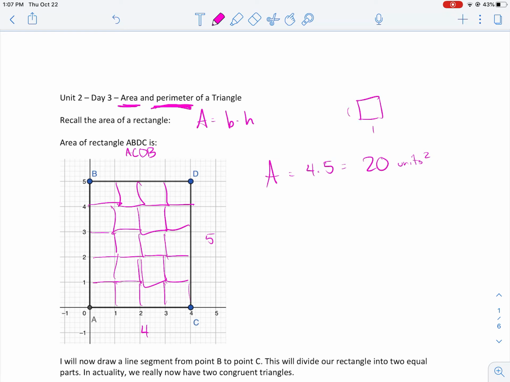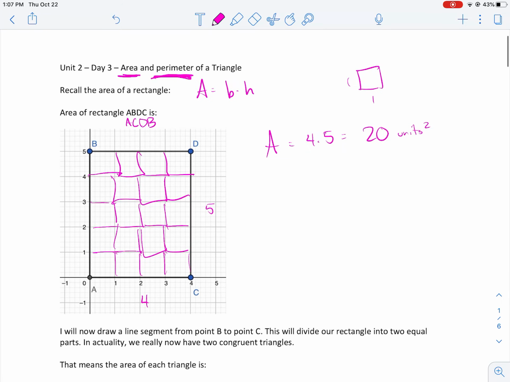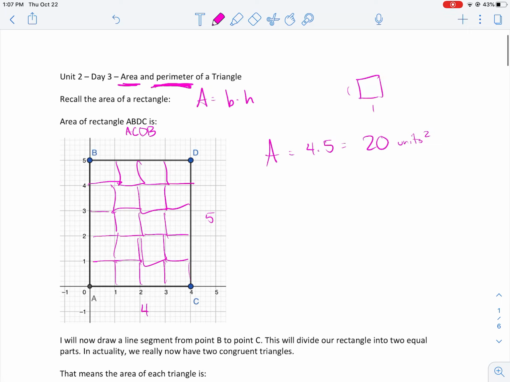That being said, I will now draw a line segment from point B to point C. This will divide our rectangle into 2 equal parts. In actuality, we now have 2 congruent triangles.